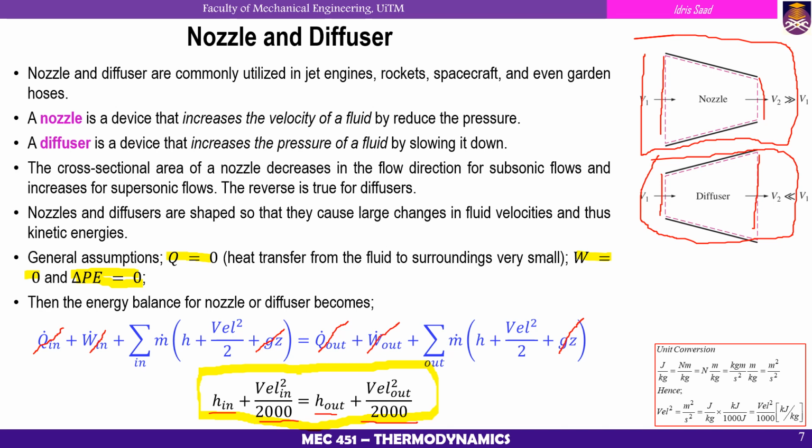This box shows how the unit conversion is made to convert the kinetic energy. Basically, h is normally in kilojoule per kilogram, but velocity power of 2 divided by 2 is joule per kilogram. So we need to divide it by 1000 to make the kinetic energy in the unit of kilojoule per kilogram.